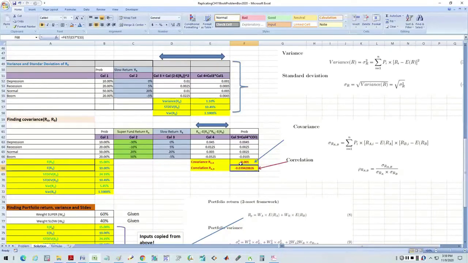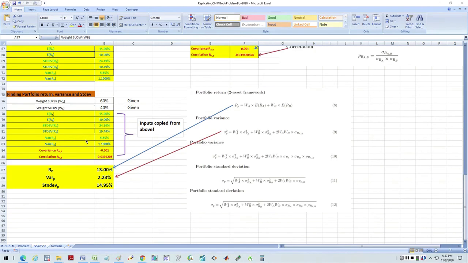As you can see, both are negative. As you know, correlation is a number in between -1 and +1, inclusive, -1 meaning perfect negative correlation, and +1 being perfect positive correlation, and 0 meaning there is no relationship between the variables whatsoever. So this is negative but very low. Okay.